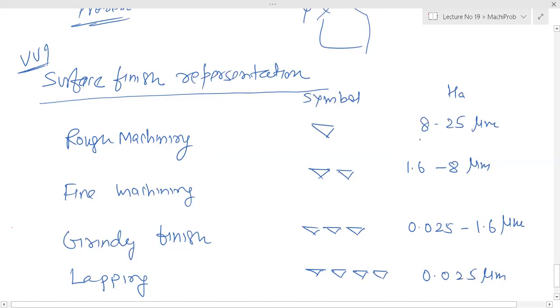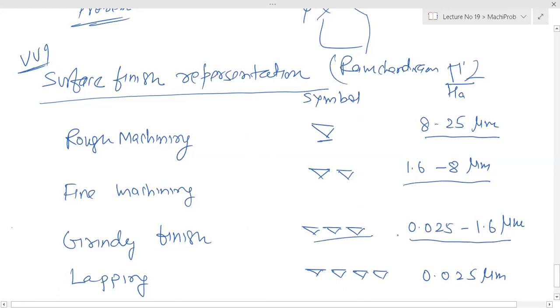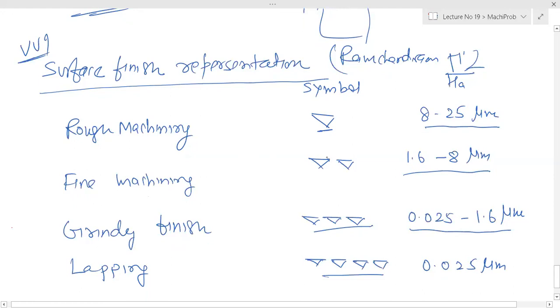You have to remember these values. When rough machining, one triangle value is 8 to 25 micron. In your interview, they may ask you what is the value of triple triangle finish, 4 triangle finish. So when triangles increase, finish improves: rough machining, fine machining, grinding, and lapping.